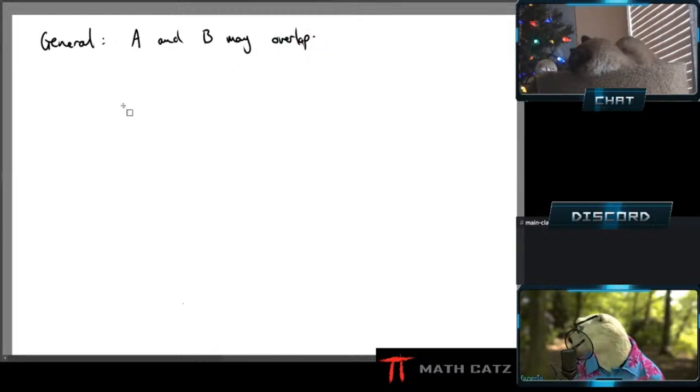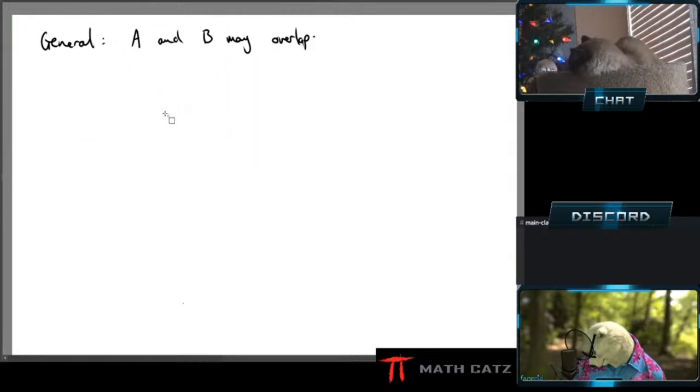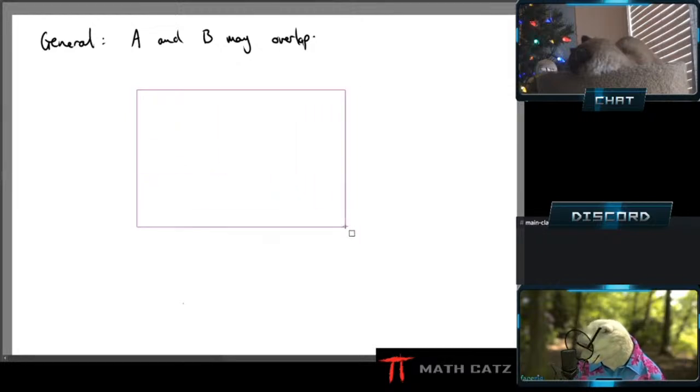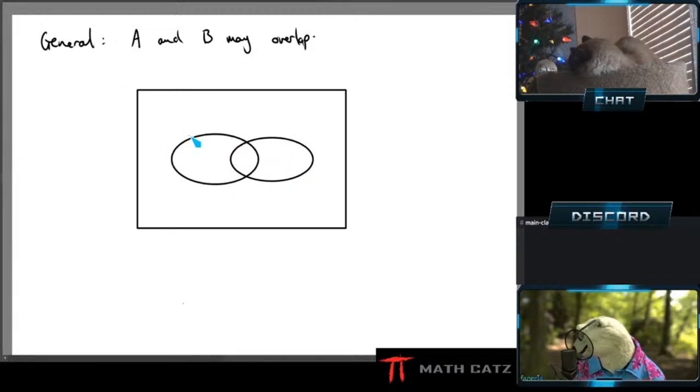So then the Venn diagram has to be the general position, right? General position. Sets, let's call them A and B. I don't know what they are specifically. They will look like this.